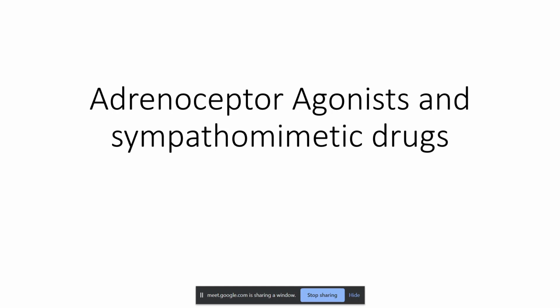Some of the sympathomimetics are direct agonists and they activate receptors. Others are indirect because their action is dependent on their ability to change the action of endogenous catecholamines. These indirect agents may have either of two different mechanisms.